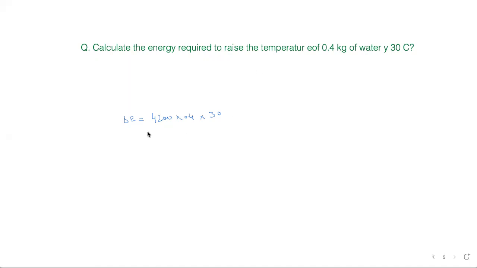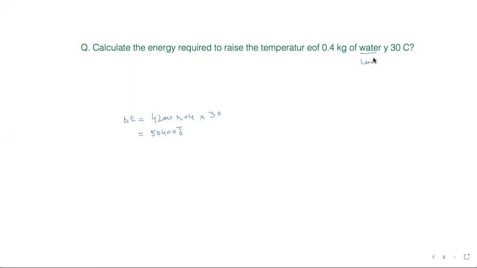You see, we need 50,400 joule of energy.